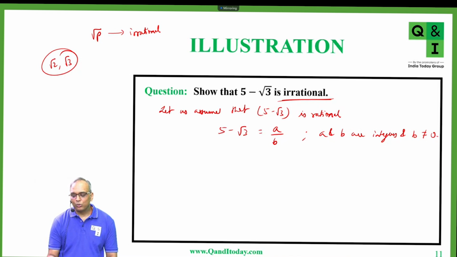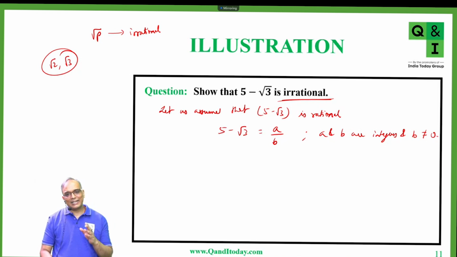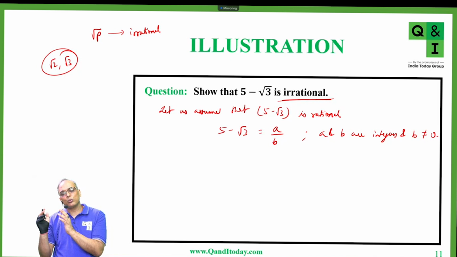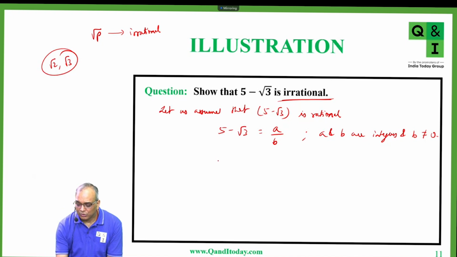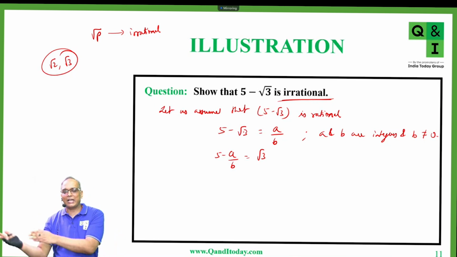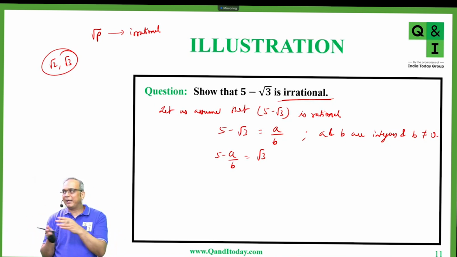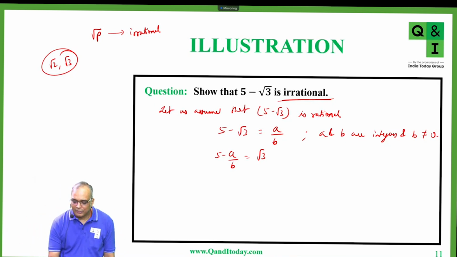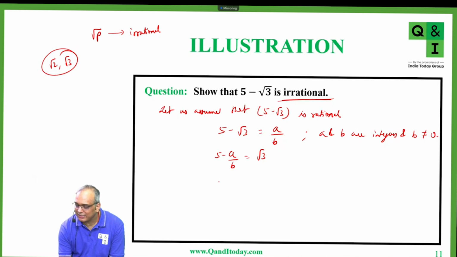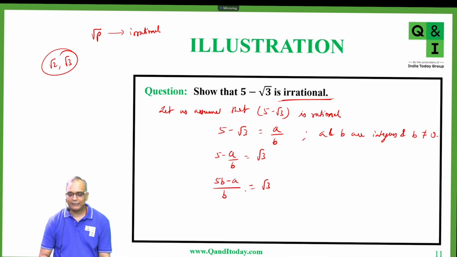Now you will bring all the numbers on one side and isolate the square root term on one side, so that the irrational number is taken to one side. So 5 minus a by b will become root 3. I have taken minus root 3 on the RHS and brought a by b to the LHS. If you take the LCM here, students, you will get 5b minus a over b is equal to root 3.